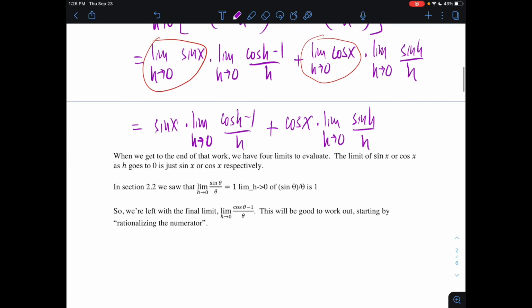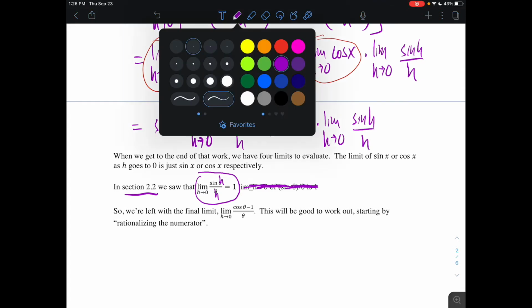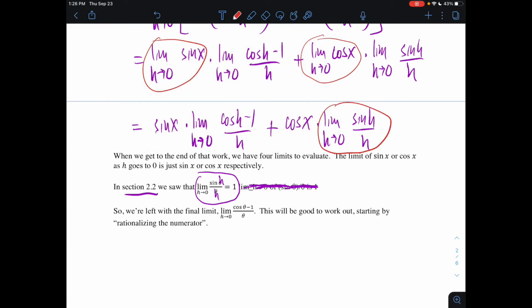You can go back to section 2.2 and you can see that the limit as h approaches 0 of sine theta, that should say h there, divided by h, that's equal to 1. We had used theta back in section 2.2. So back in section 2.2, we can find out that this limit here is just equal to 1.